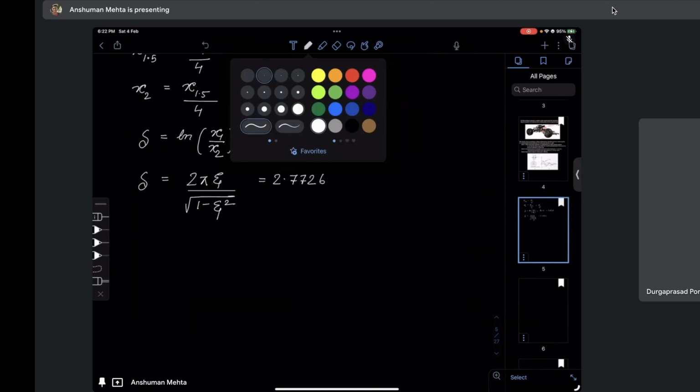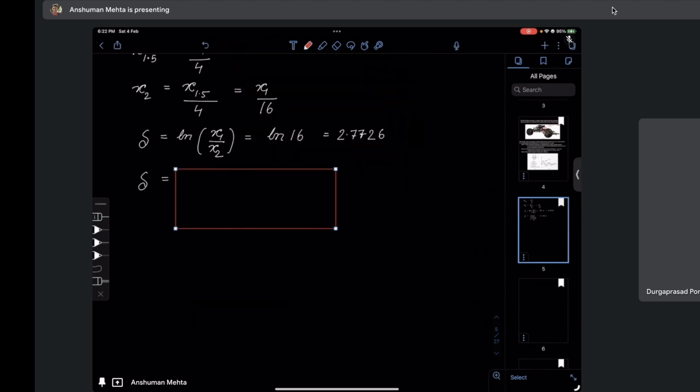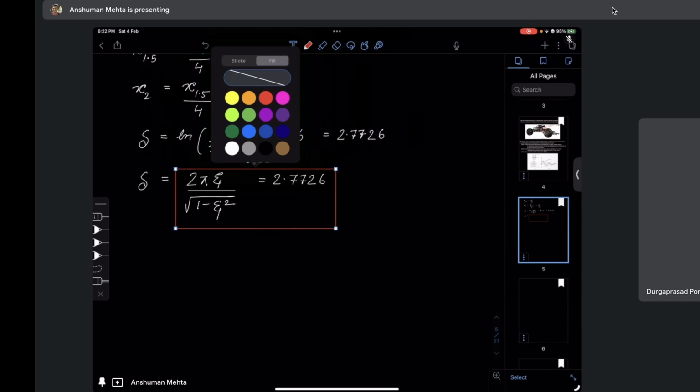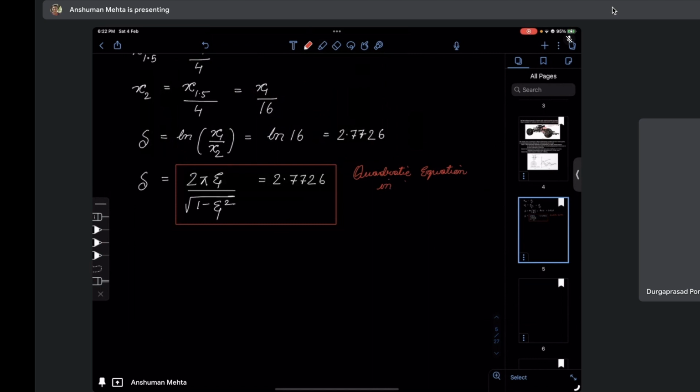Now this is the quadratic relation, so we can find its two roots. We have to solve it. So it's a quadratic equation in zeta.